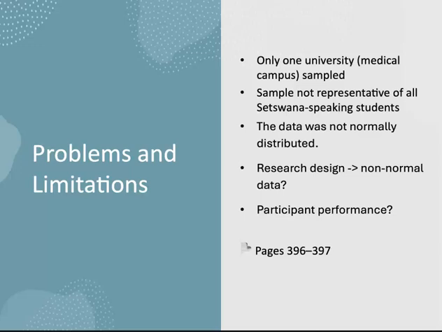So to sum up, the researchers are not sure if the unusual test results happened because of the way the study was done, or if these kinds of scores are typical for Setswana-speaking university students. So to find out, future studies should include a wider variety of students from all parts of South Africa, and this will help show if the test results were just unusual in the study or if they are always different in this group.